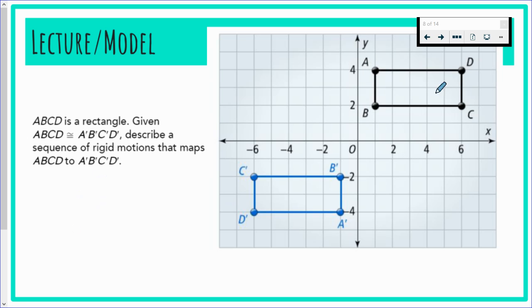So our original point A was at 1, 4. And then A prime went to -1, -4.